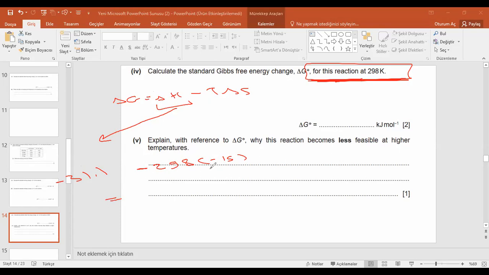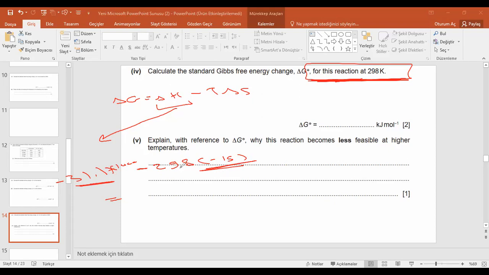Guys, delta S and delta H have different units. So you must multiply delta H by 1000 to convert it to joule, or divide delta S by 1000 to convert it to kilojoule. It's up to you. I'd rather multiply this one by 1000.